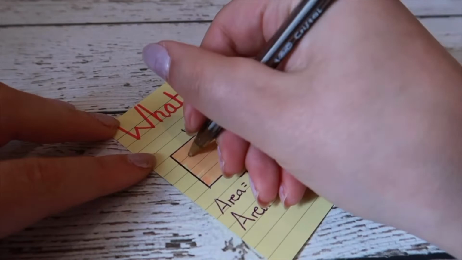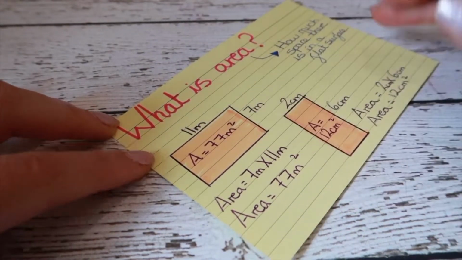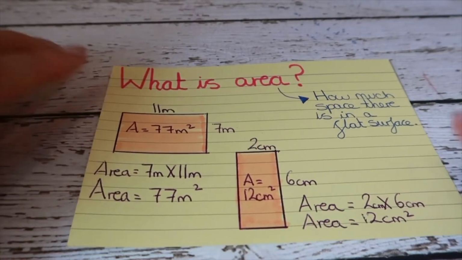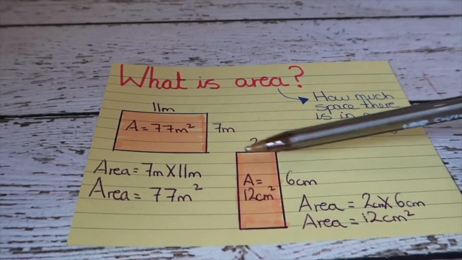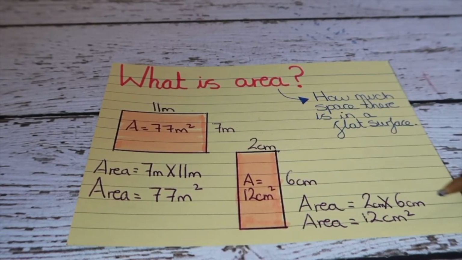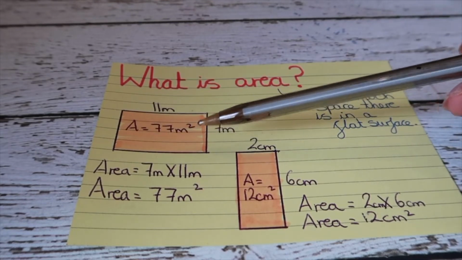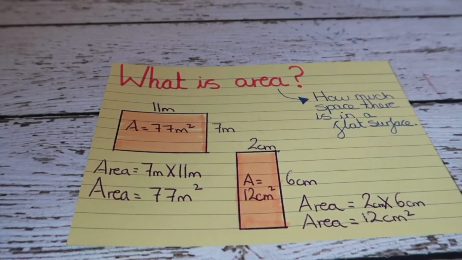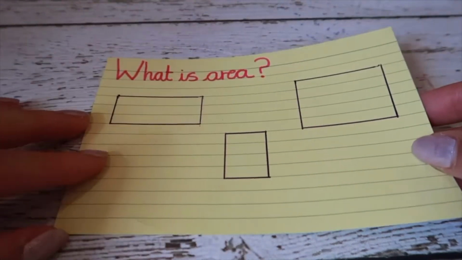Okay, now that we've had a practice on finding the area of shapes, we're going to move on to look at some algebra. So if these area questions came up but in the form of some algebra using letters instead. So all you need to remember is that the area is the space inside of a flat surface, and all you need to do is multiply the width by the length. Okay, let's have a look at a few more examples of area.